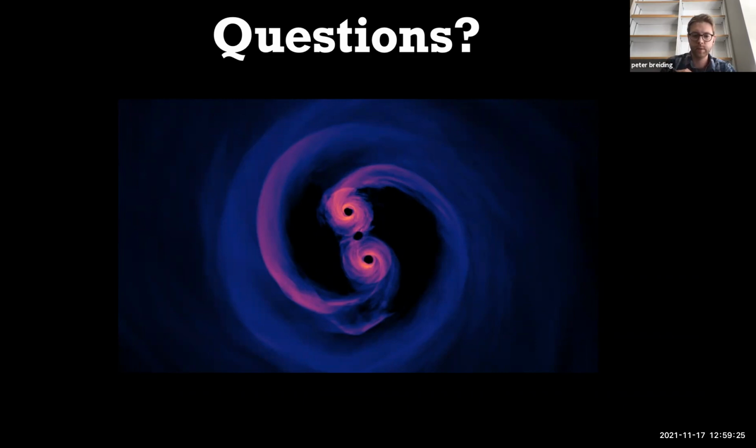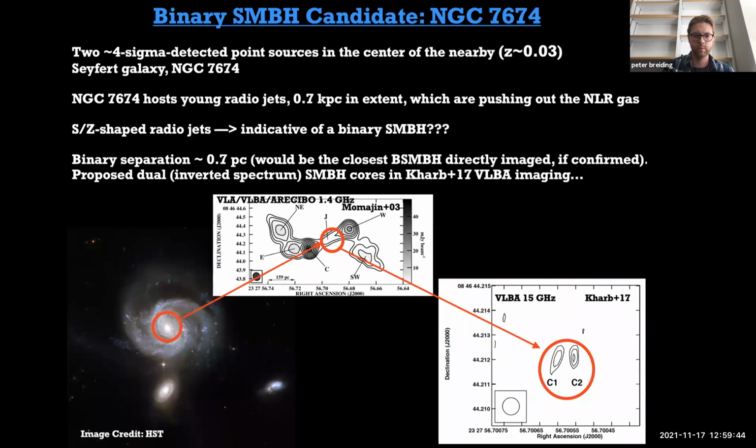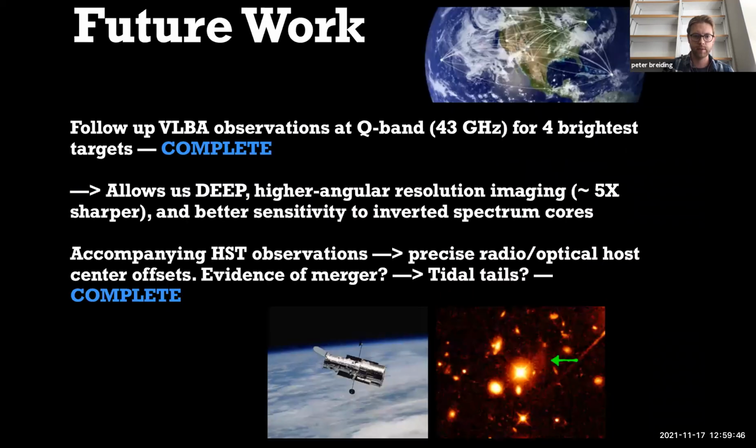When they get to continuous wave detection, and you can corroborate, say, a PTA detection of a binary source with electromagnetic evidence, you want multiple independent lines of evidence that leads you to a binary.